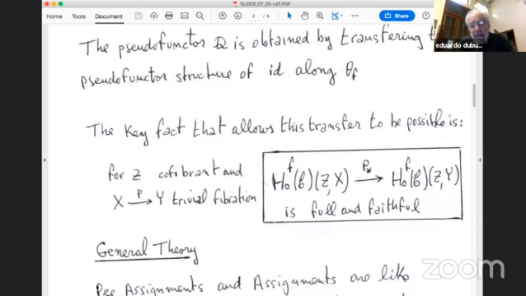Even more is true, it's an equivalence of categories. But for the transfer of structure, we don't need the full notion of equivalence, but just the fact that post-composing is full and faithful. And also, for the dual theorem that we are going to see immediately, we shall need the other, pre-composing with P, also to be full and faithful.